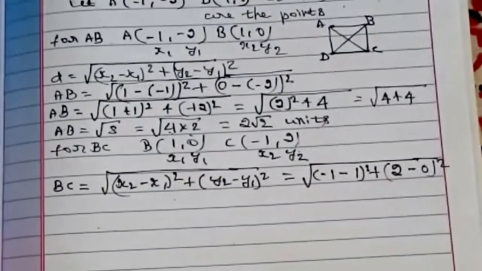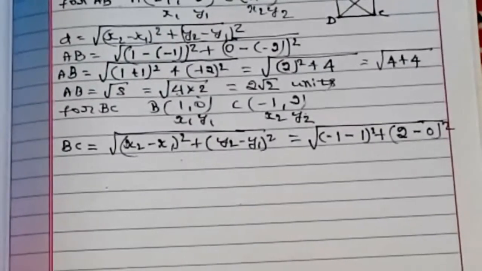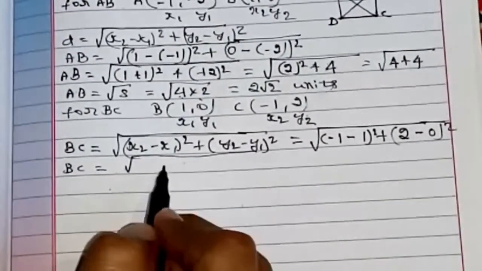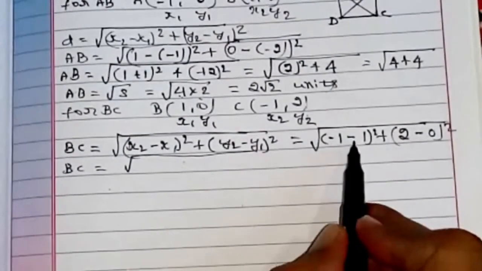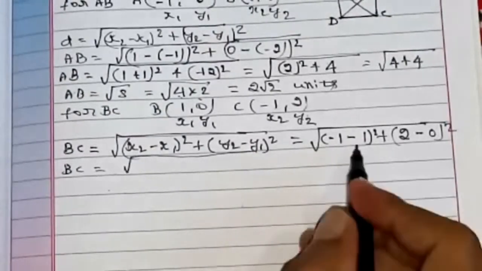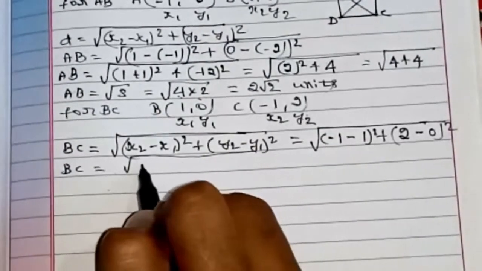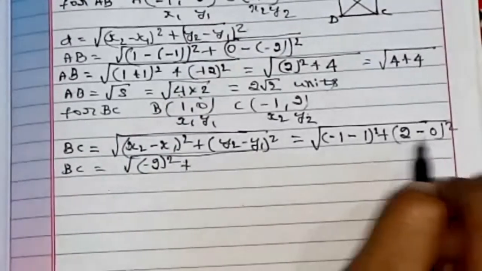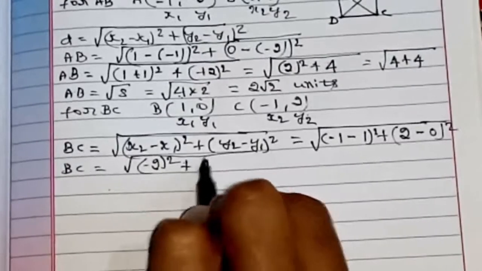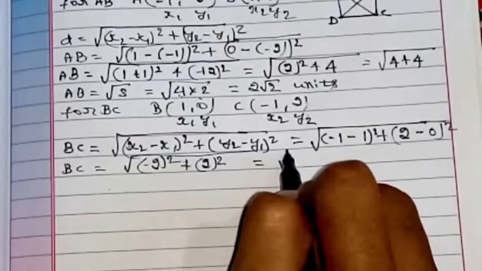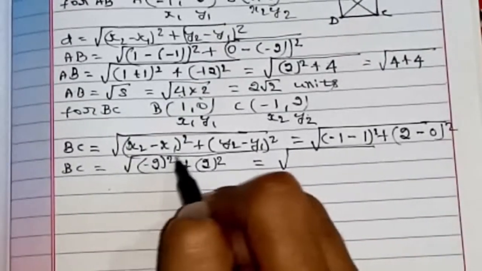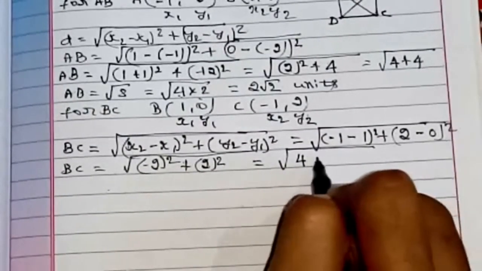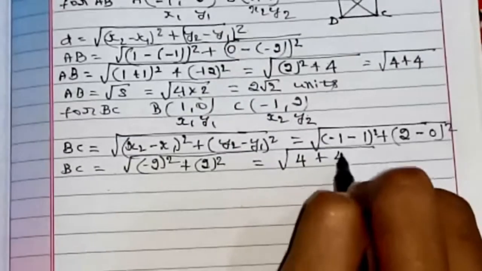Now simplify this. BC is equal to the square root of (minus 1 minus 1, which is minus 2) whole square plus (2 minus 0, which is 2) whole square. Any minus square will be plus, so minus 2 square is 4 plus 4, again root 8.